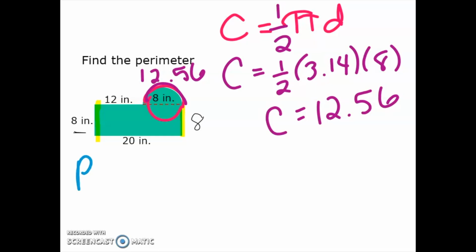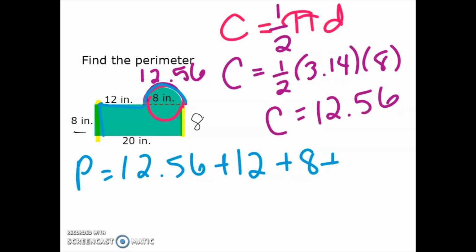Again, I really recommend that we trace. So the curved portion we just figured out, 12.56, plus, right here I have a 12, plus, right here I have an 8, plus, right here I have 20, plus, right here I have 8 more.